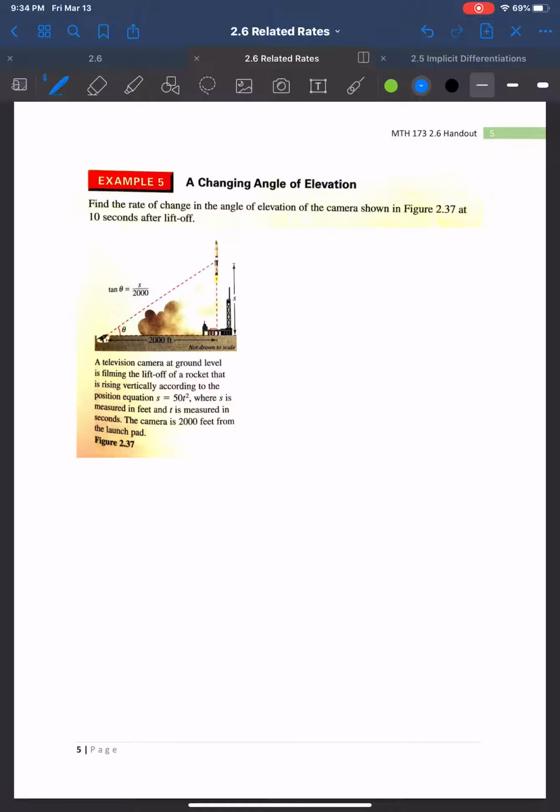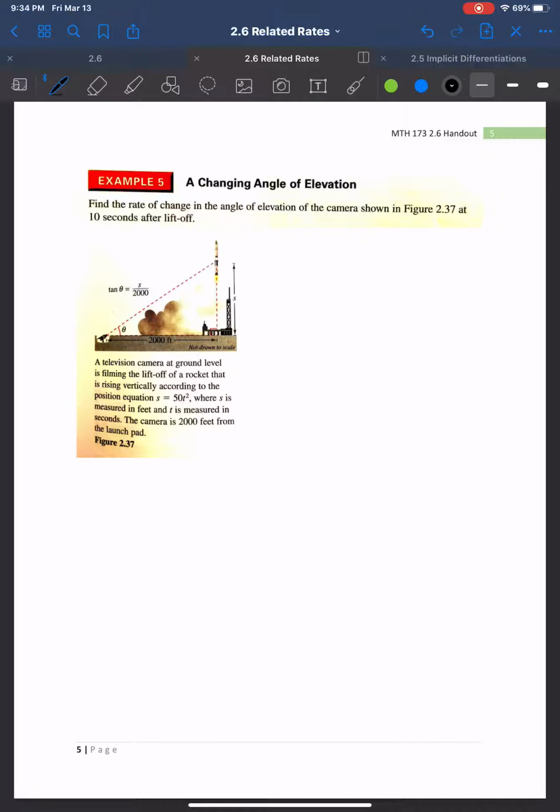So let me read. It says, find the rate of change in the angle of elevation of the camera shown in the following picture, 10 seconds after liftoff. Okay, so let me read. It says, a television camera at ground level is filming the liftoff of a rocket.